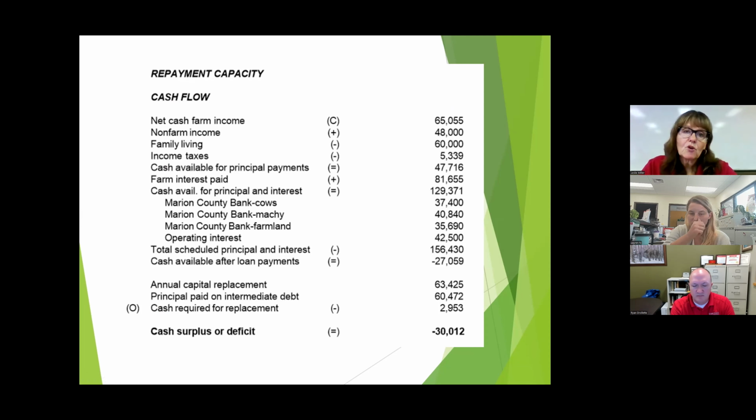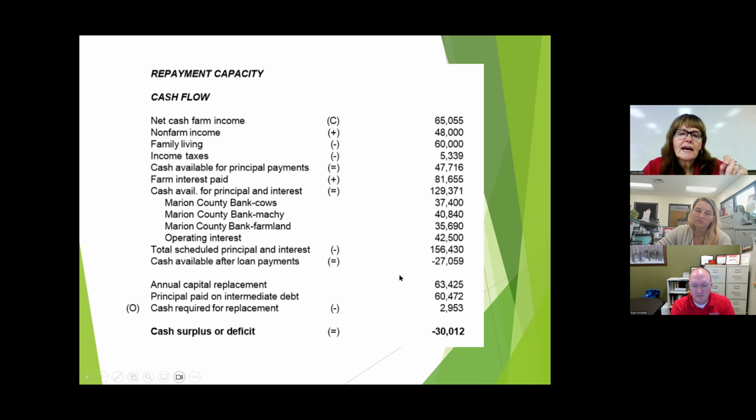So if I was doing this cash flow as a lender, I look at this and I realize this number here is actually, from an aggregate amount, 27,000 is less than this 47,000 that we had for principal payments. So that tells me that operation is actually able to pay all its interest, but just a portion of the principal.